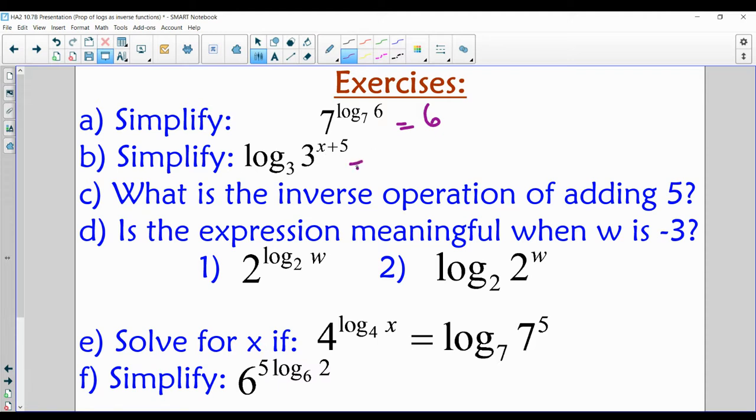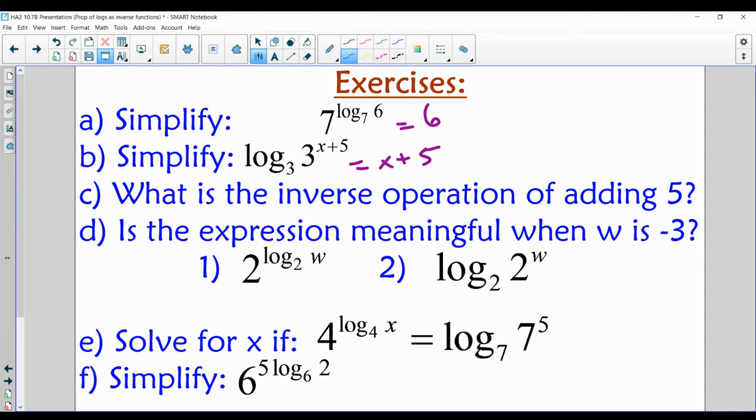Bases are the same, therefore that would equal the exponent, which would be x plus 5. From this point forward, when you see these things, you don't have to show why it is. It's a property that we've learned. You can just go ahead and write down, in this case, x plus 5, or in this case, 6. If you want to show some work with it, it's fine, but you're not required to do that.